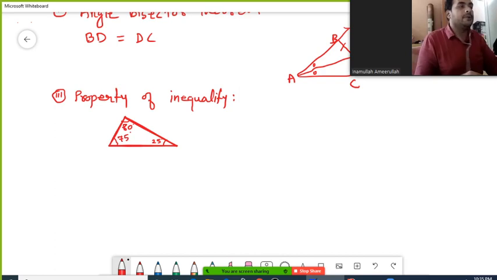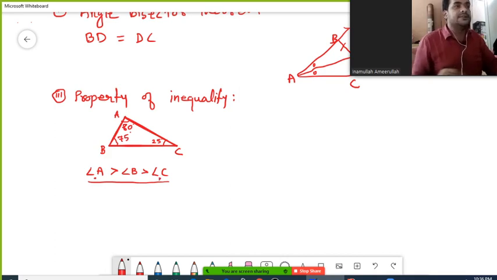According to property of inequalities, if I make a comparison among all three angles, and name this triangle ABC, this angle A is greater than angle B, and angles A and B both are greater than angle C. So angle A is the greatest angle, angle C is the smallest angle.